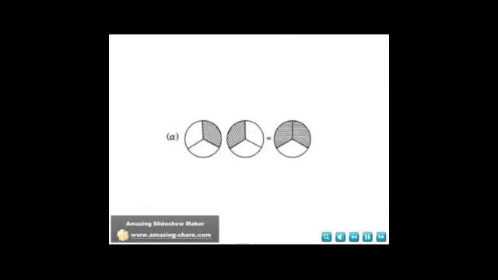In the left hand side the 2 circles are divided into 3 parts each and in the right hand side the circle is divided also into 3 parts. So in the left hand side, out of these 3 parts only 1 part was shaded, which represents a fraction 1 by 3. In the right hand side 2 parts are shaded out of 3, which represents a fraction 2 by 3.